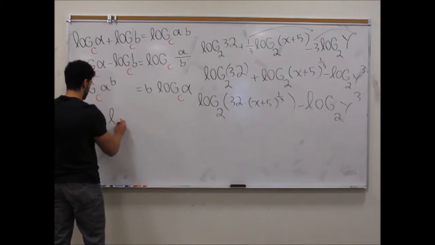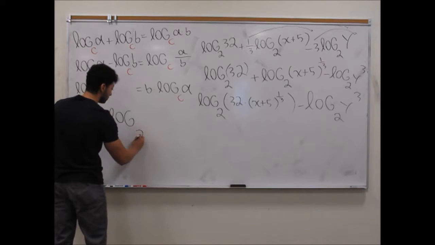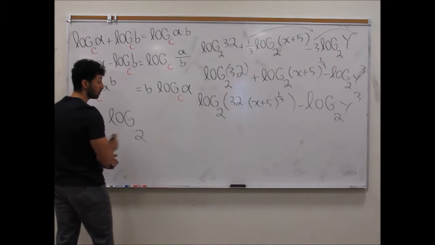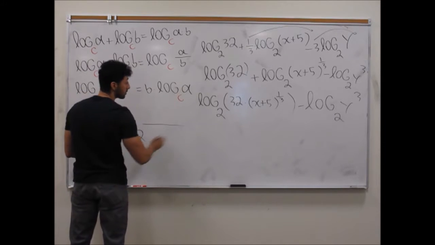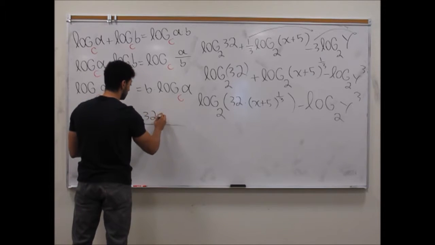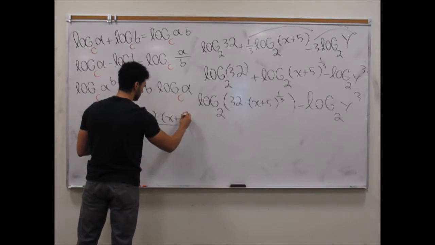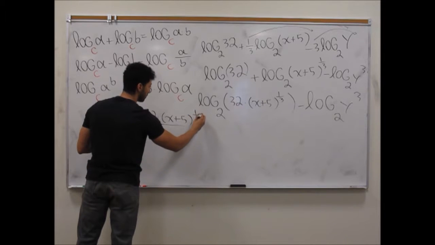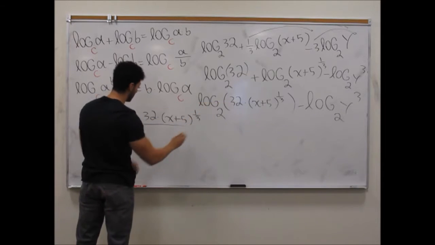So then we get log base 2. We just write it as a single log now. There's the division there: 32 times x plus 5 to 1/3, and then we're going to divide by y cubed.